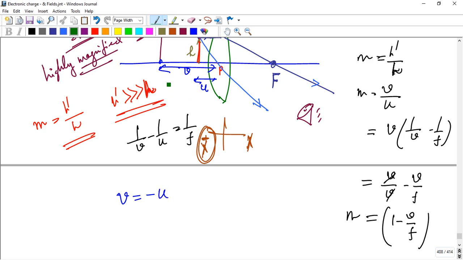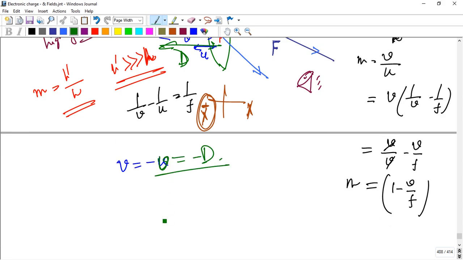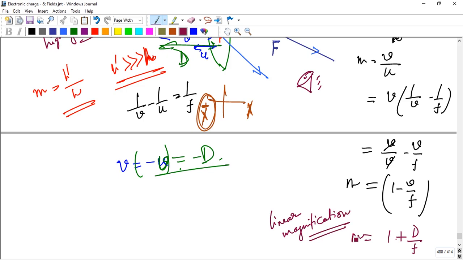If this distance is D, then v is equal to minus D. Sign convention, that is negative. So now we get 1 plus D by f, that is the linear magnification. Clear? What is linear magnification and the derivation of the formula?